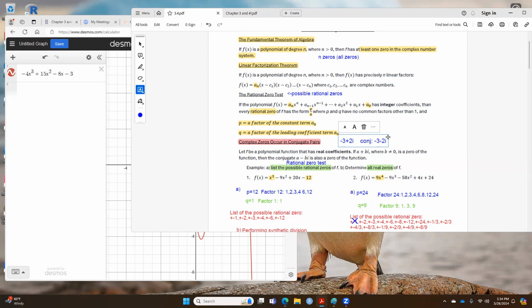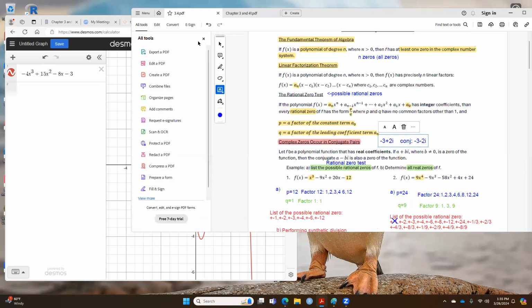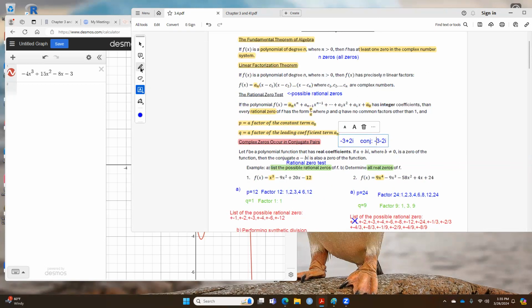Now, what does the conjugate complex zeros pair stand for? This is the meaning of it. This theorem is telling us that if a plus bi is a zero of this function, then the conjugate a minus bi is also a zero.